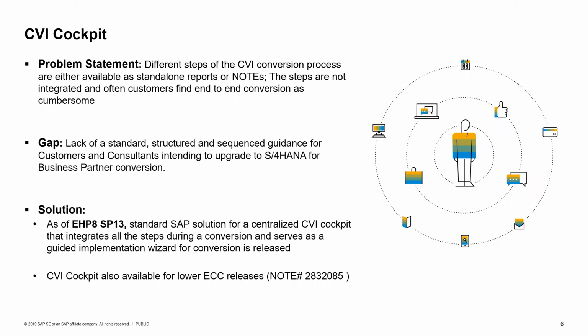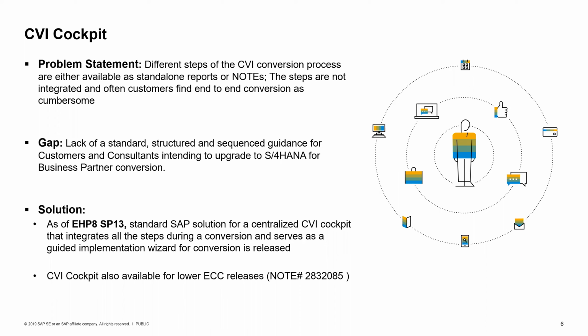Well, in the past, I'm sure many of the people in the audience over here would also have noticed that there were standalone reports or notes, I mean, which were not exactly delivered as part of the standard feature set, but were delivered as individual notes, were existing pretty discreetly in the sense there was a problem reported and there were some notes delivered to fix those issues, and overall, from an end-to-end business process point of view, due to the lack of a standard mechanism, the complexity or the perception of CVI as a process was slightly different from how it actually is.